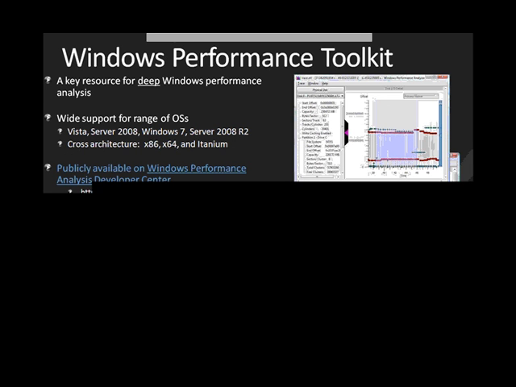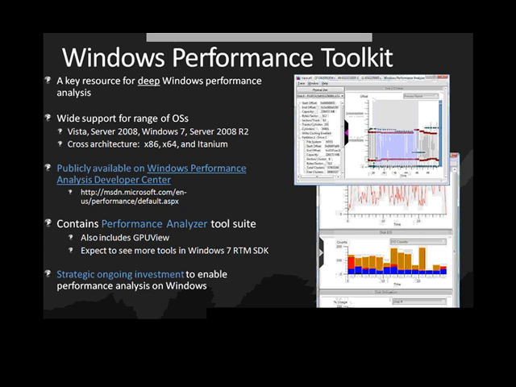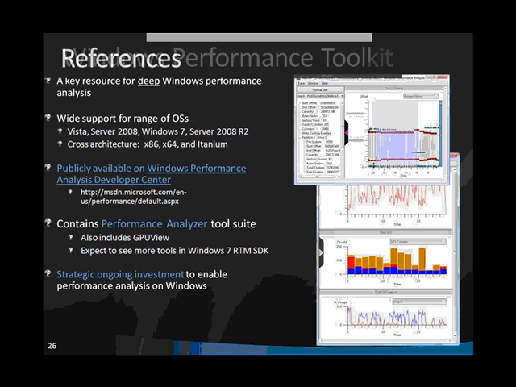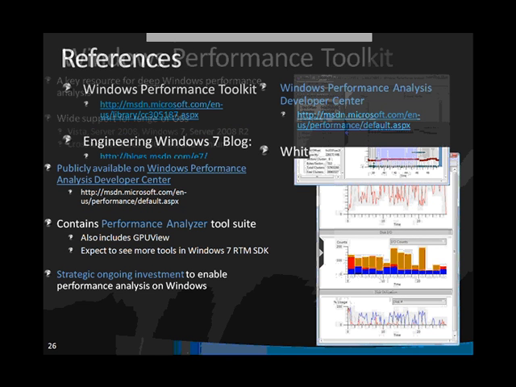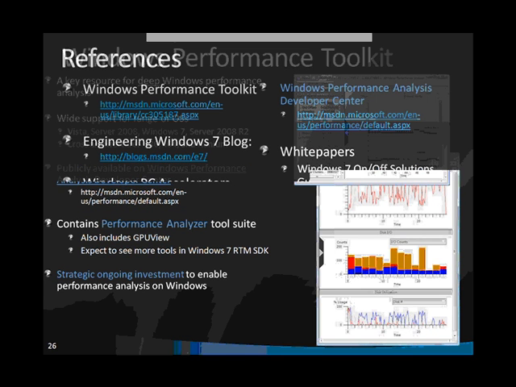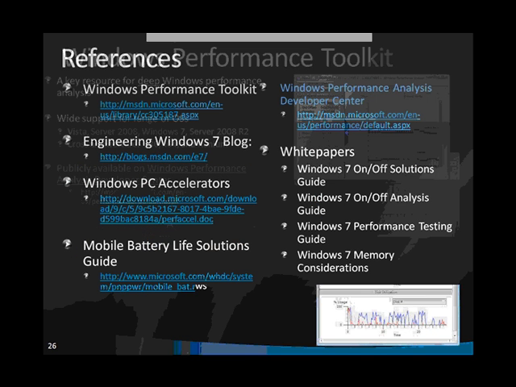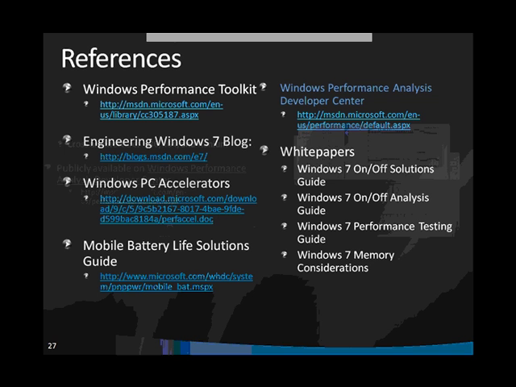You can download this particular tool from Microsoft Downloads. Some of the other references you can get over here: you can go to the Windows 7 engineering blog, which gives you real insight, and you can even source feedback and have discussions on what went into the improvement, and if you feel good about it, you can give feedback to the actual Windows 7 engineering team.